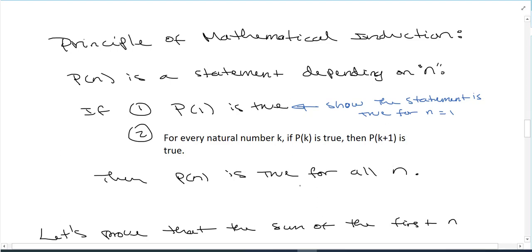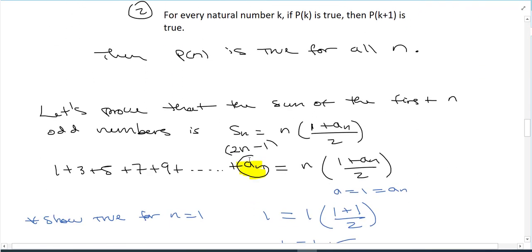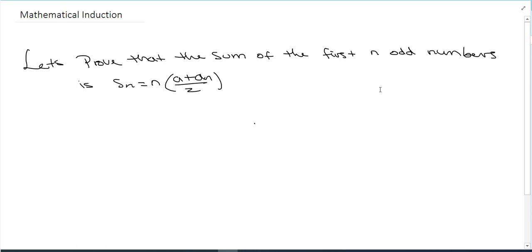All right. So in the problem, what I didn't do was convert my A sub n to 2n minus 1, the actual formula for the odd numbers. I've rewritten it over here better.